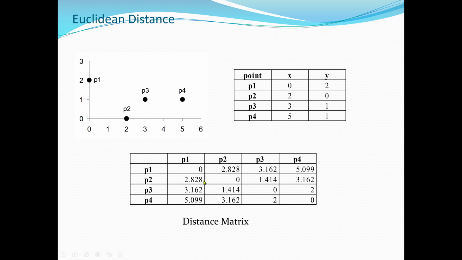Then the rest of the values, I will plug in to find the distance between P2 and P1, we have 2.828. This means based on the X and Y values for P1 and P2, we will find the difference of the values, square it, plus the second values' difference squared, then find the square root of it.